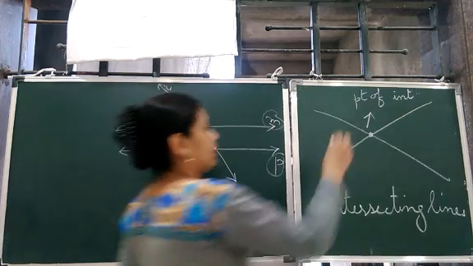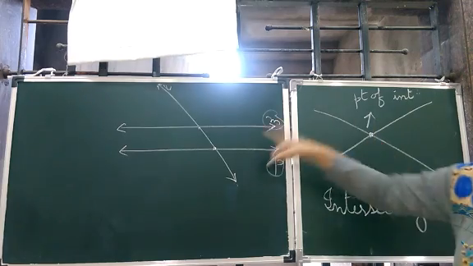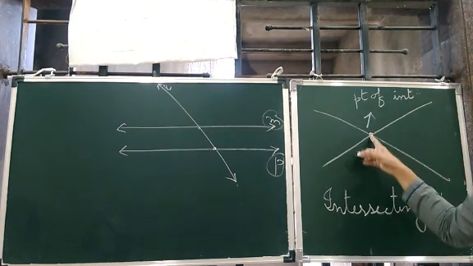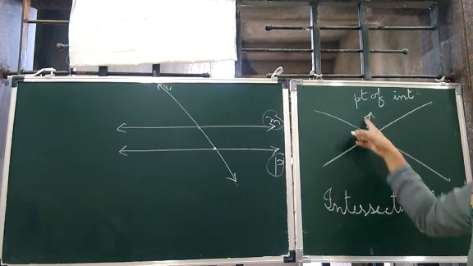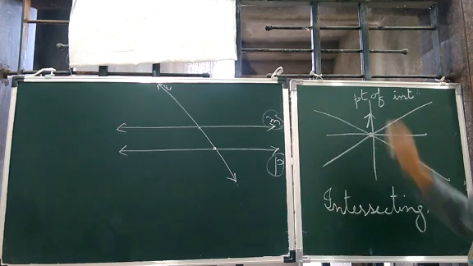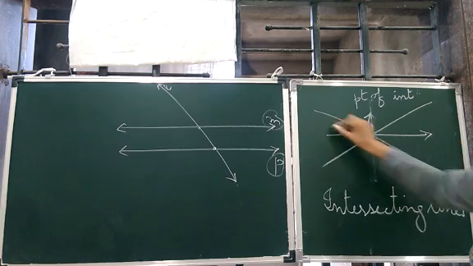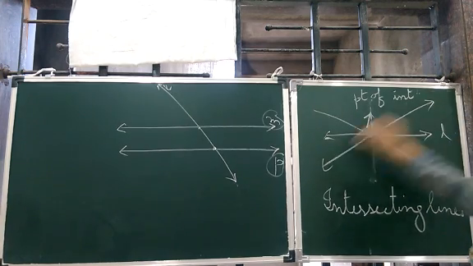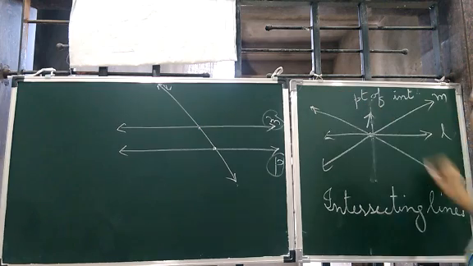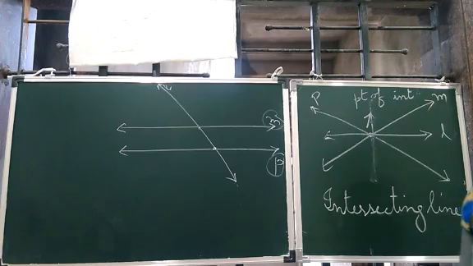Also, what is the difference between an intersecting line and a transversal line? Here, there is only one point of intersection and the lines are two. There can be many lines also here. Suppose this is line L, this is M and this is P. Is L again a transversal to M and P? No. Why?